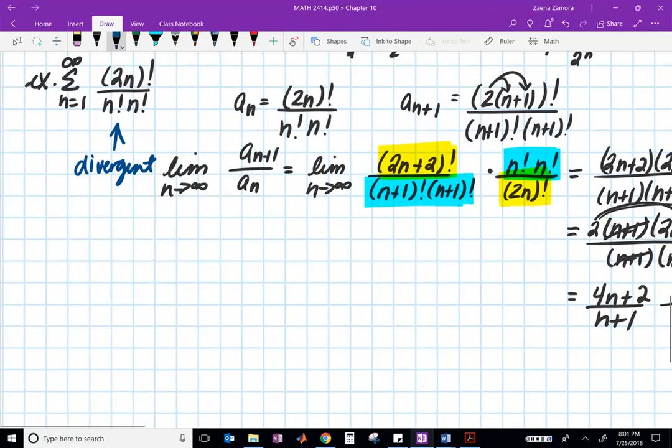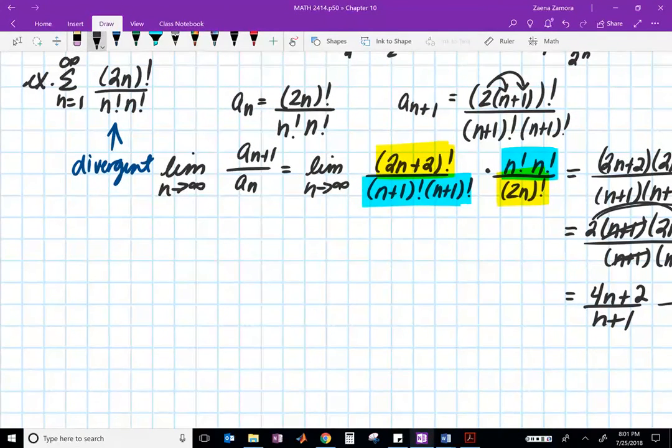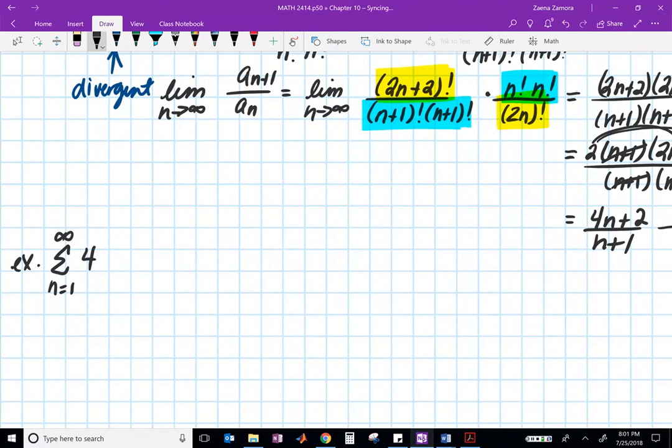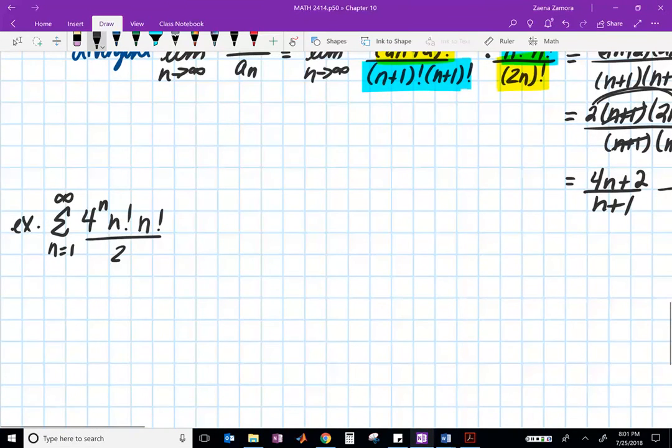All right, so let's try one more for this test. The series as n goes to infinity of 4 to the n times n factorial divided by 2n factorial.